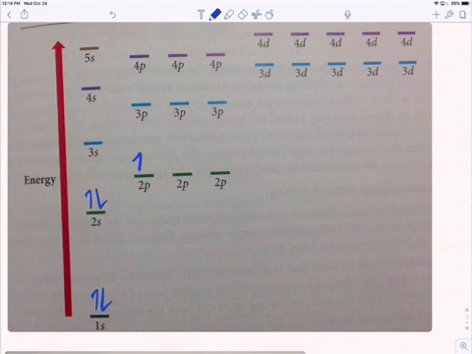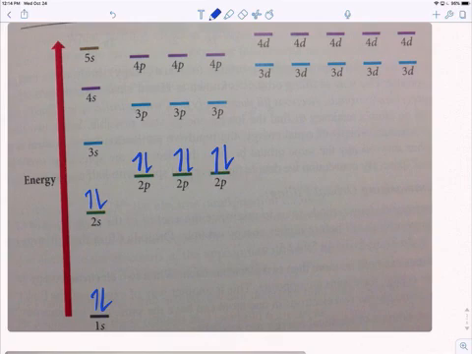A boron atom, though, with one unpaired electron here, this is known as paramagnetic. So a boron atom does exhibit an external magnetic field. Same thing with carbon, same thing with nitrogen, same thing with oxygen, same thing with fluorine, and then neon now is diamagnetic because all the electrons are paired.